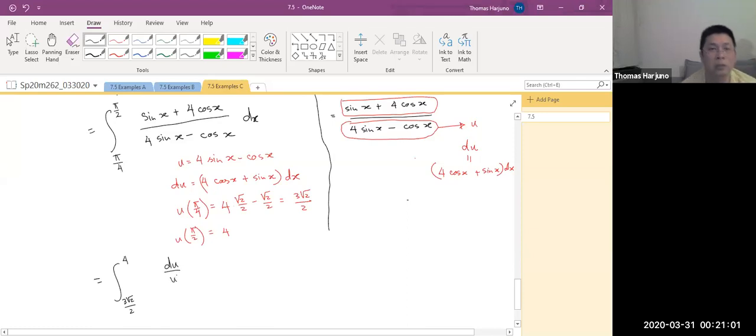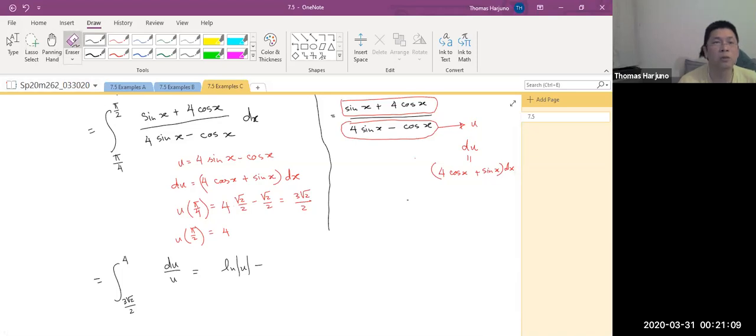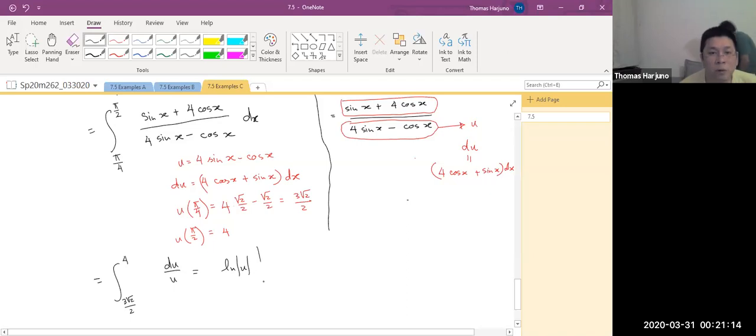See how nice it is? Which is natural log of u plus constant. No, I don't need plus constant because it's a definite integral. So from 3 radical 2 over 2 up to 4.